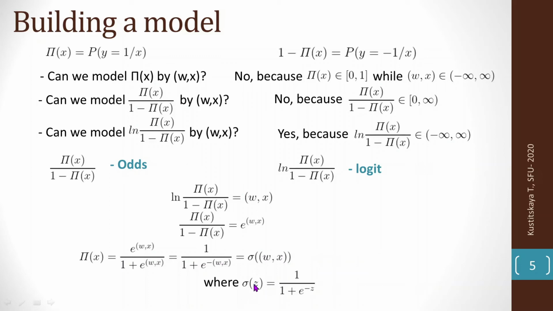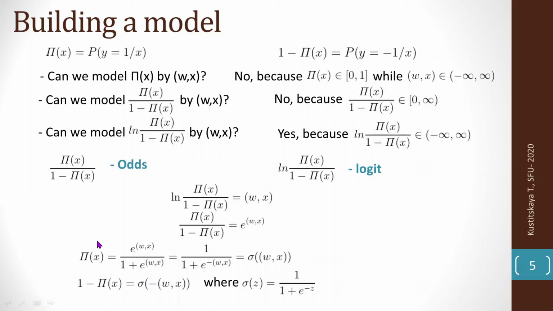In mathematics, the sigma function is defined as a fraction 1 over 1 plus exponent of minus z. We've got a probability for the positive class, and a probability for the negative class will be sigma of minus w dot x.